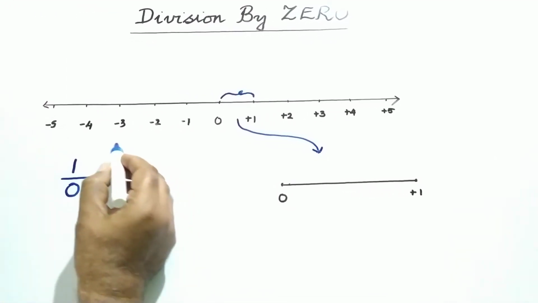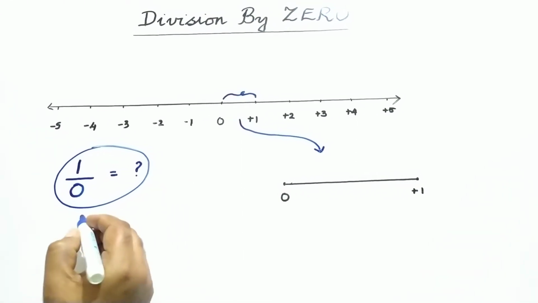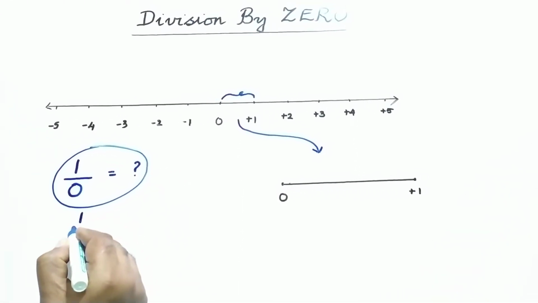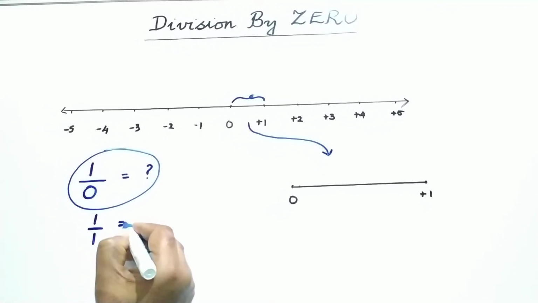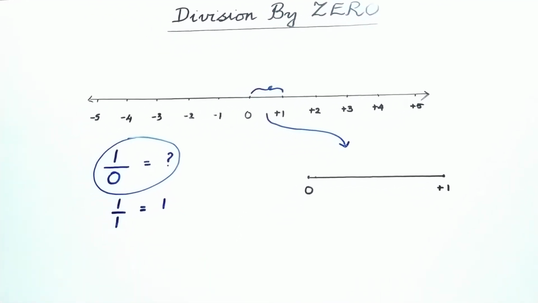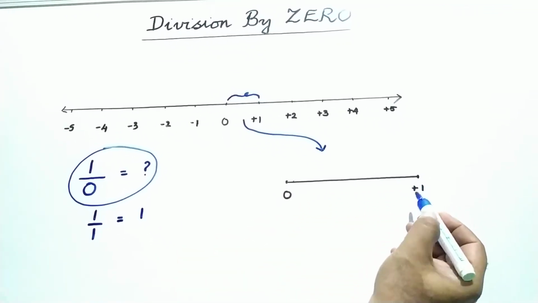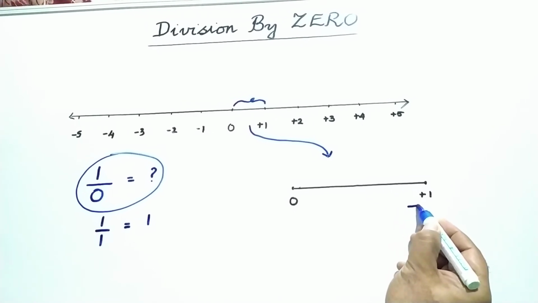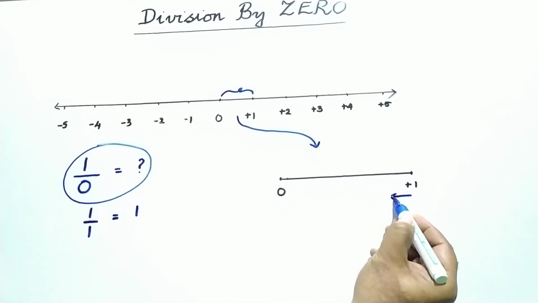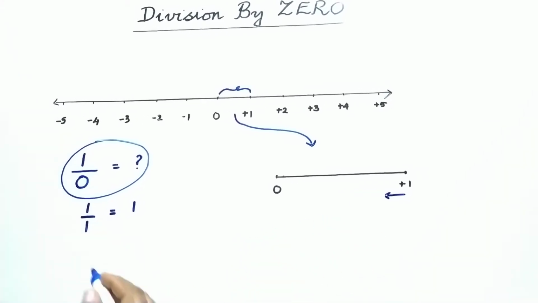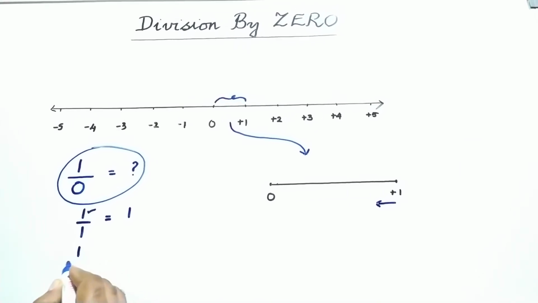To find out the answer to 1 divided by 0, I will start by dividing by 1. 1 divided by 1 is equal to 1. So I have started from here. My argument will be to try to come nearer to 0. The numerator 1 I keep as it is.